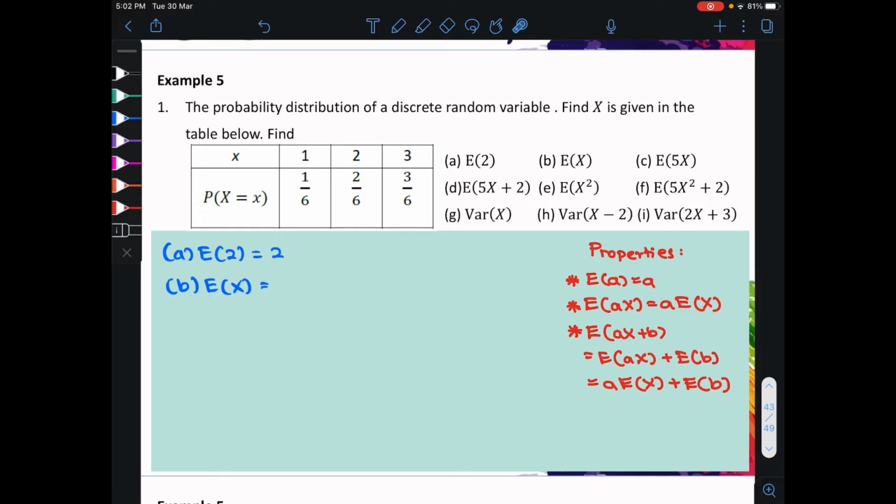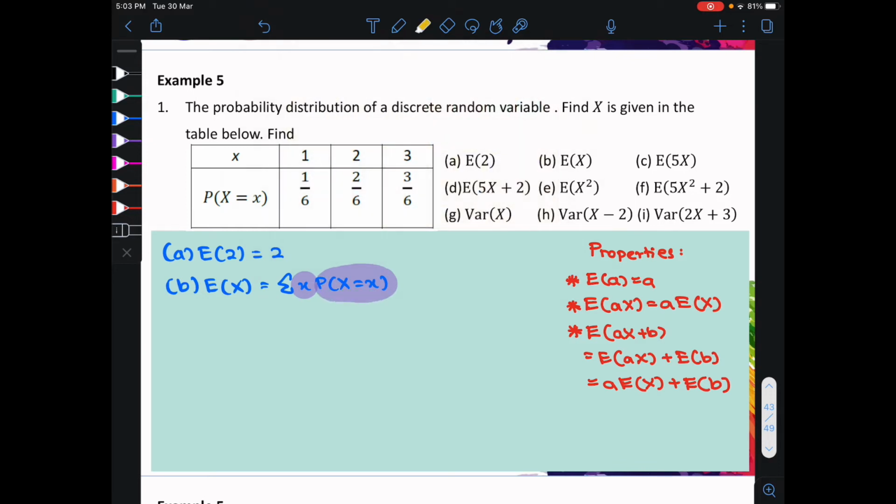For question B, we need to find expectation of X, and this is equal to the summation of x times P(X = x). Since we are using x here, that's why this is also x. This means that we simply take the value x and we times it with its respective probability.